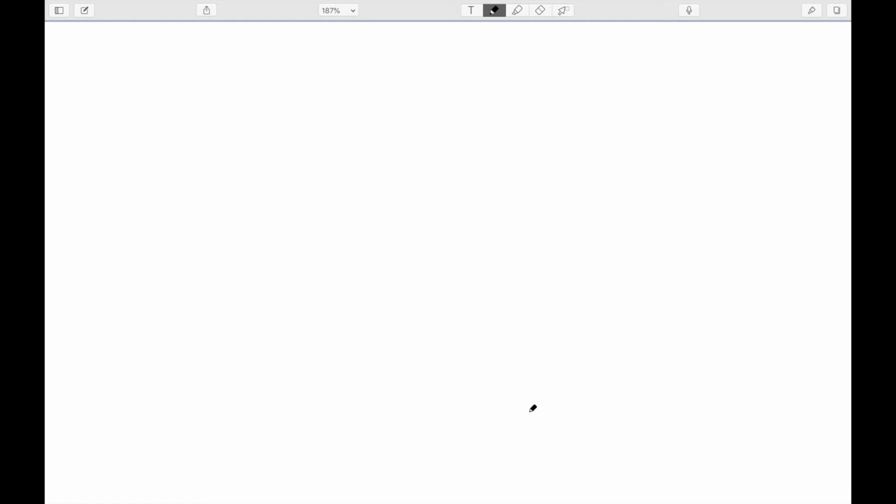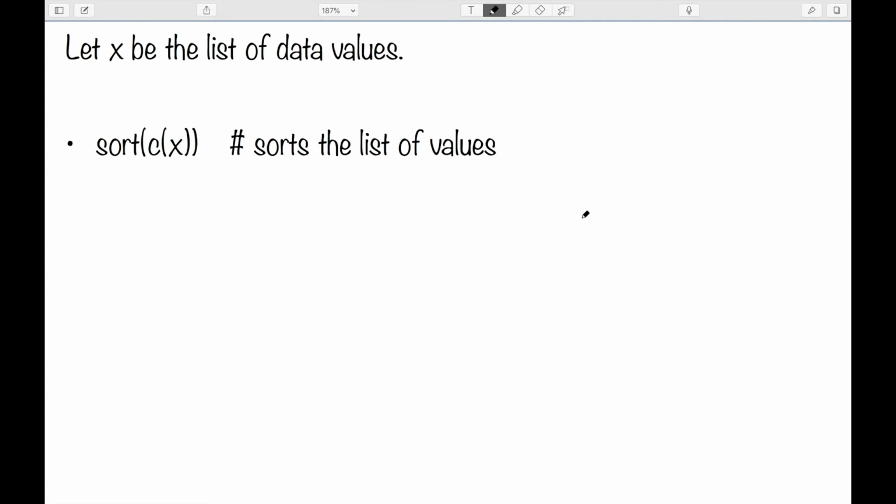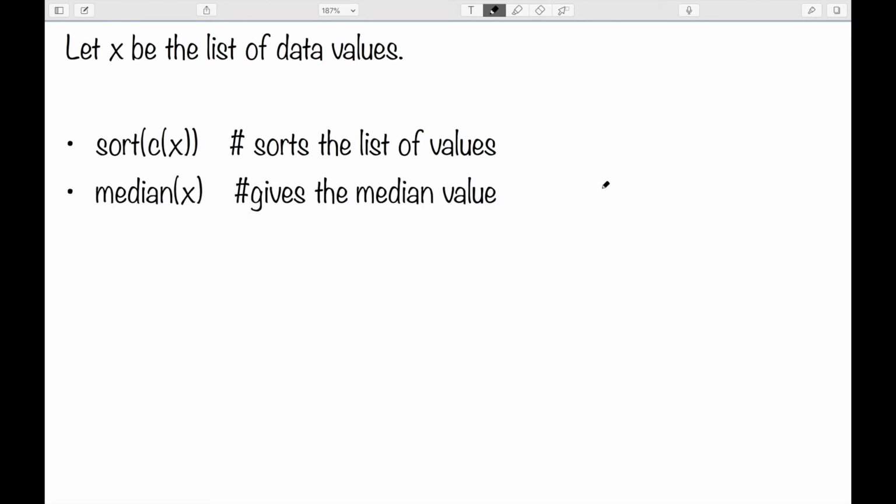Next, I want to look at some R commands that we can use in order to further look at percentiles. Let's suppose we have some list of data values that we've denoted by x. We can use the command sort(c(x)), and this is going to sort my list of values. The command median(x) gives the median value.